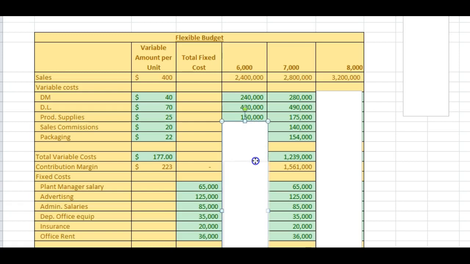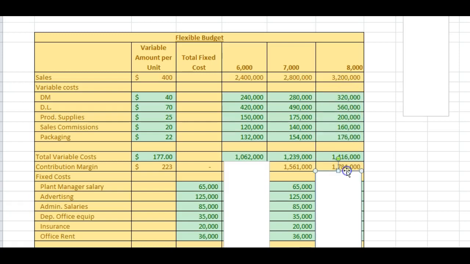And you come up with total variable cost of 1,062,000. You do the same thing for the 8,000, and you'll come up with 1,416,000. So you can see it's pretty predictable what's going on here.